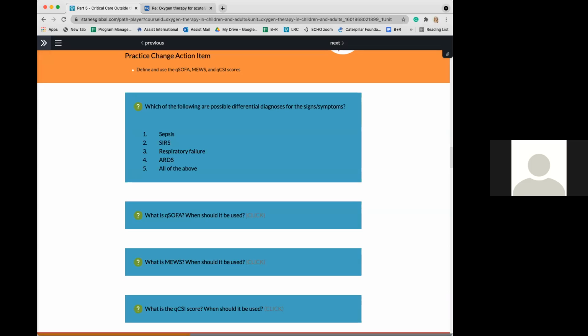This is a simple tool with various bedside parameters that can be considered. And then each of those parameters is scored, given a score, depending on the value that is obtained from the patient. And then a total score is calculated.